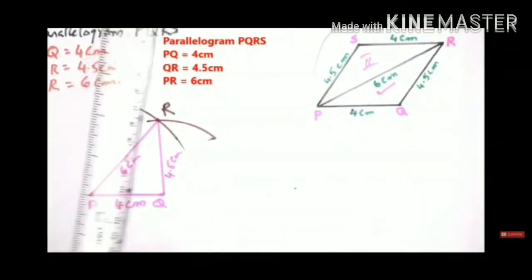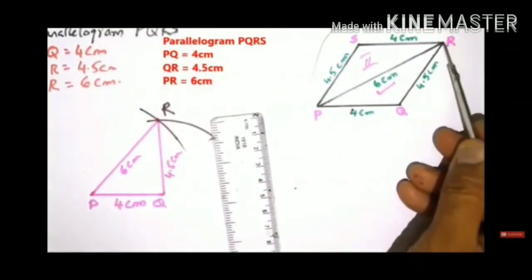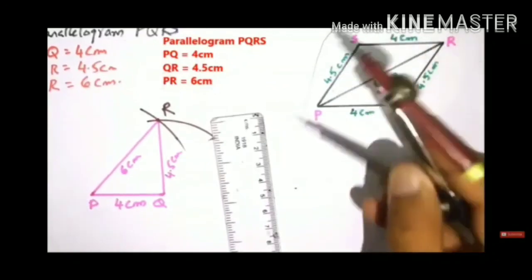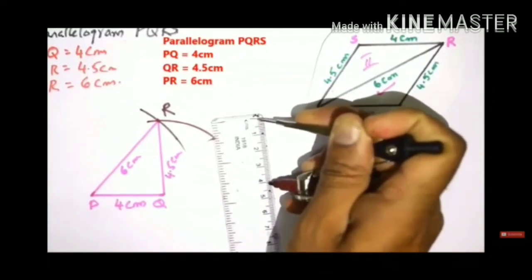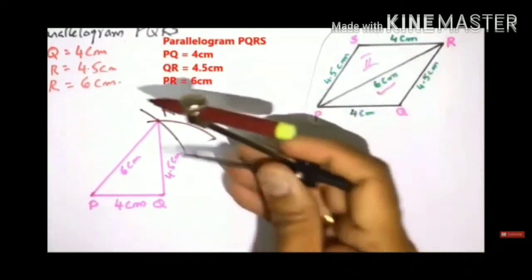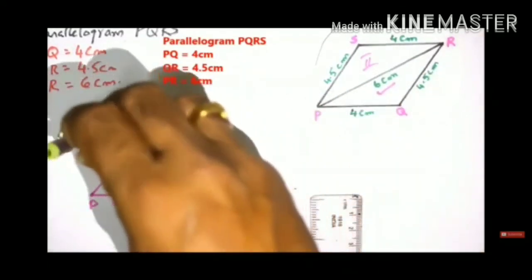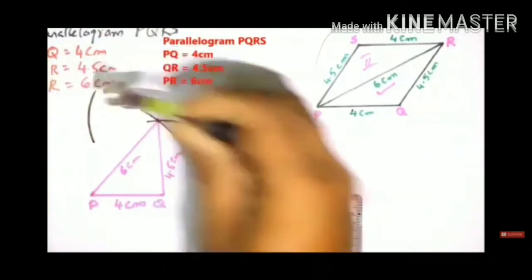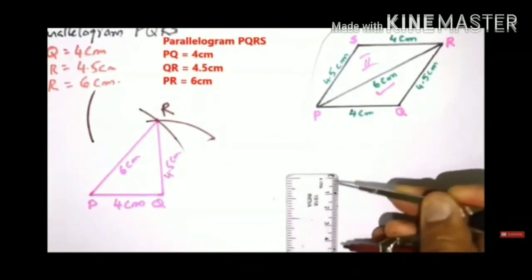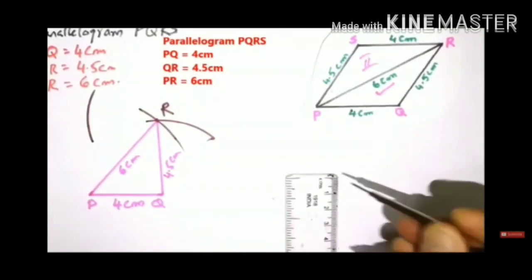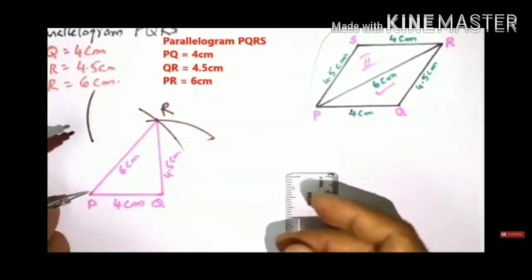Again take the compass. Now I am going to construct this 4 centimeter. So I have to set the radius 4 centimeter. With center R, draw an arc with 4 centimeter. With center P, 4.5 centimeter.